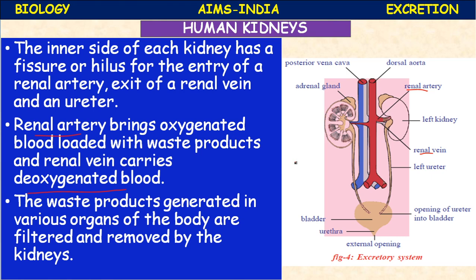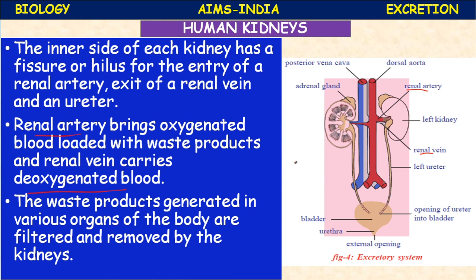If anybody asks where the blood is filtered in our body, it is the kidney. Where is the blood purified? The kidney. Where is the blood oxygenated? The lungs. So it is the excretory system where the filtration of the impure blood takes place.